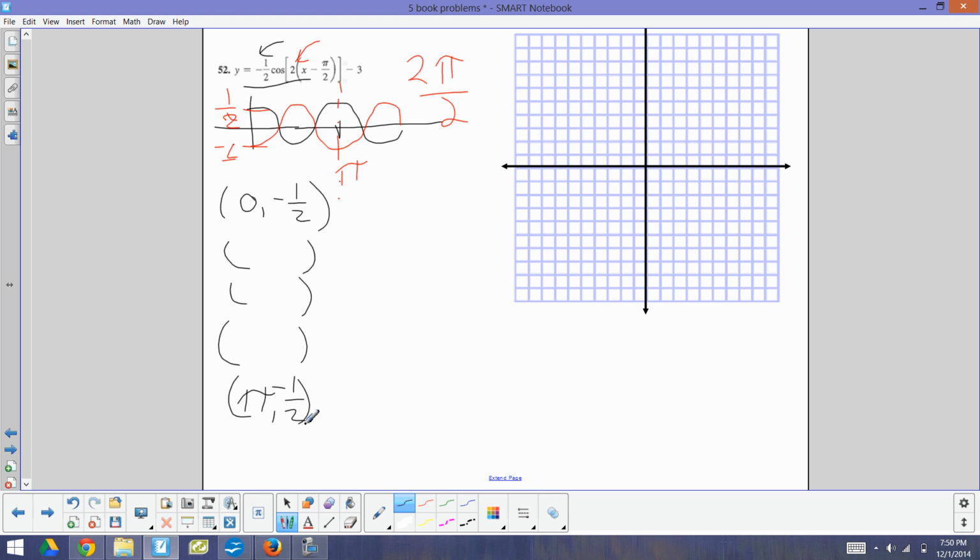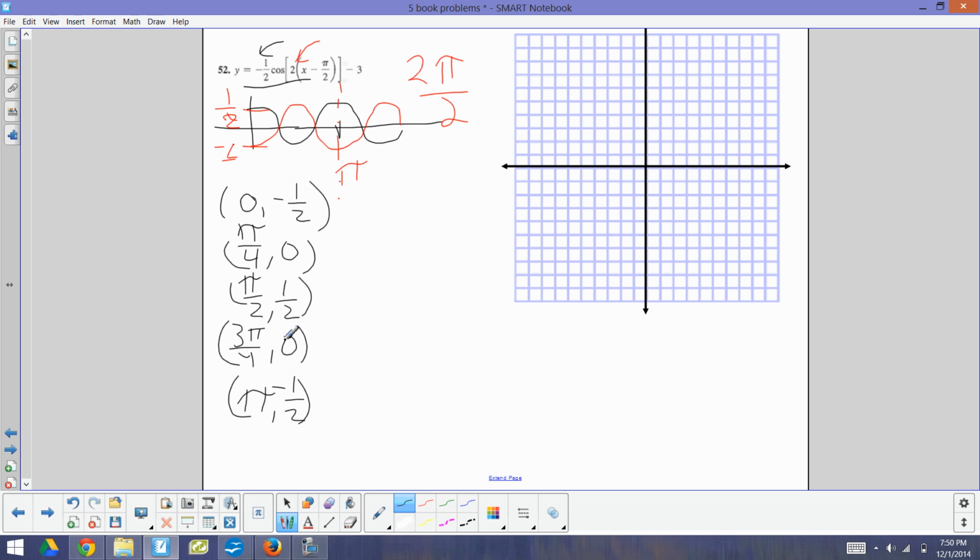In the middle, there'd be a maximum, so pi over 2, +1/2. 1/4 of the way through, pi over 4, there's a 0, and 3/4 of the way through, there's another 0. There, you can read those better.